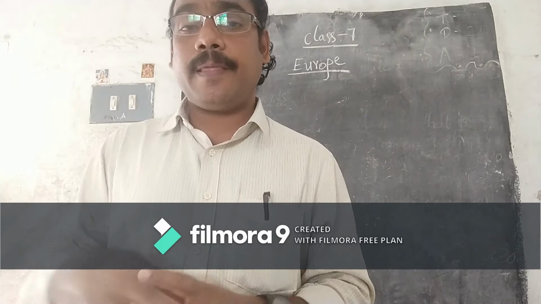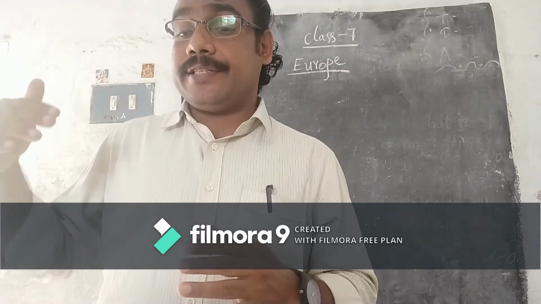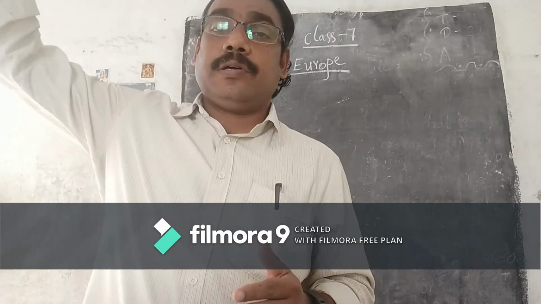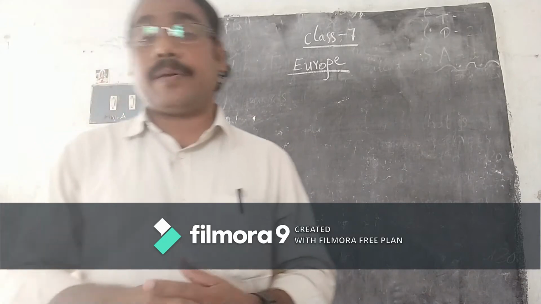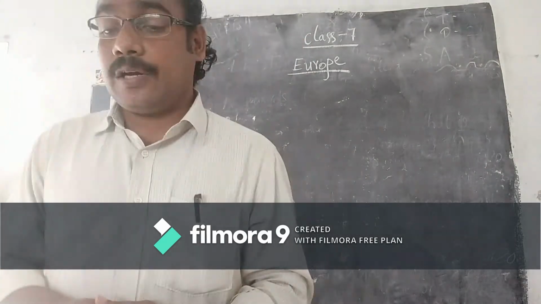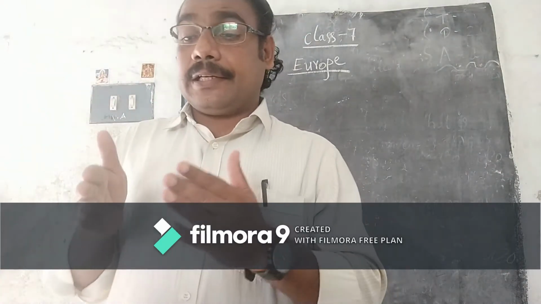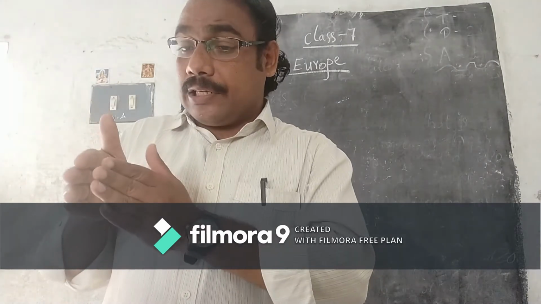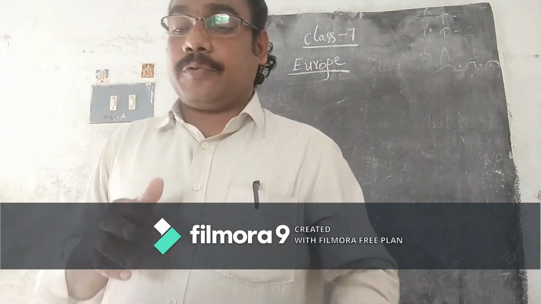Already you know a place near the equator gets more temperature compared to places far away from the equator. So the North Atlantic drift originates from near the equator.